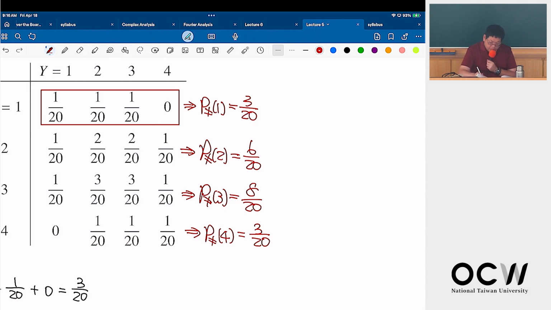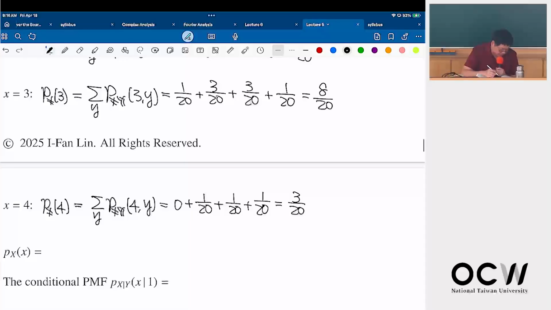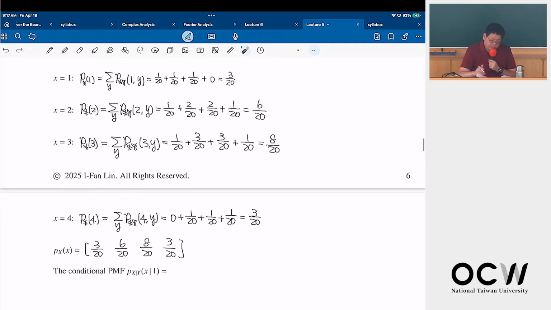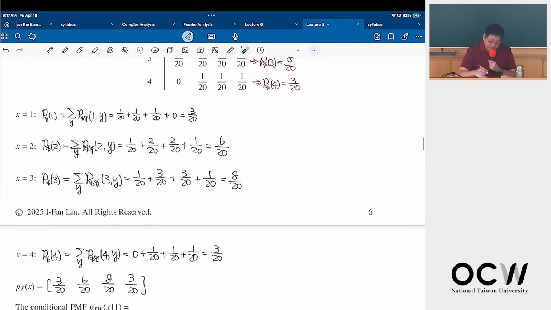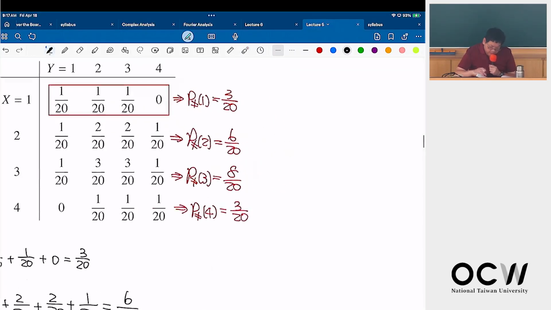Now, that is your marginal PMF of x: 3 over 20, 6 over 20, 8 over 20, and 3 over 20. Then you can check, using the property of PMF, the sum of this PMF is how much? That is 1.